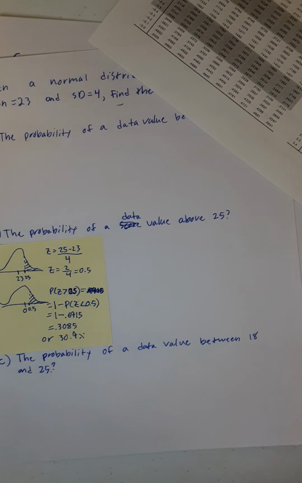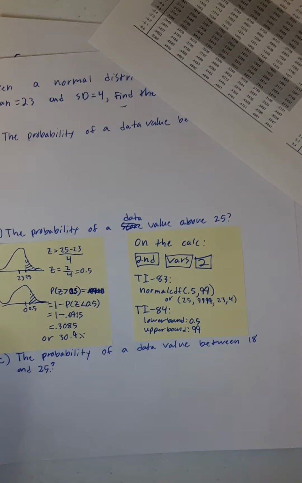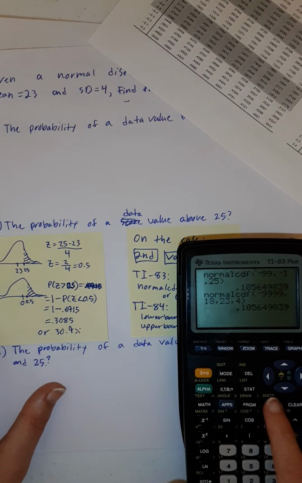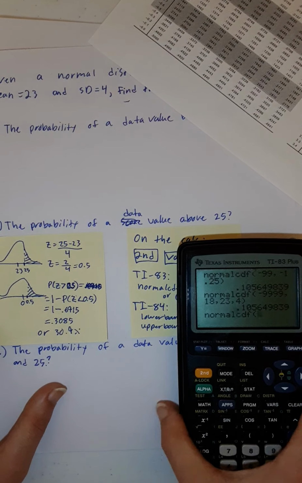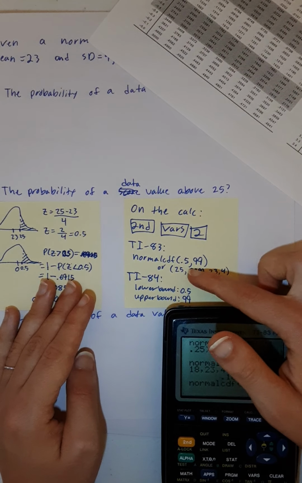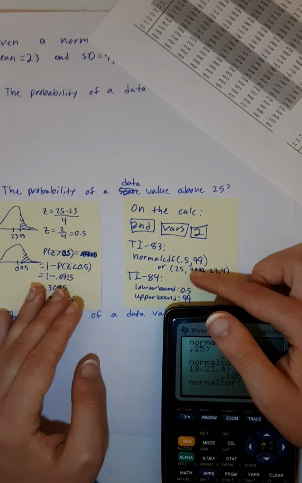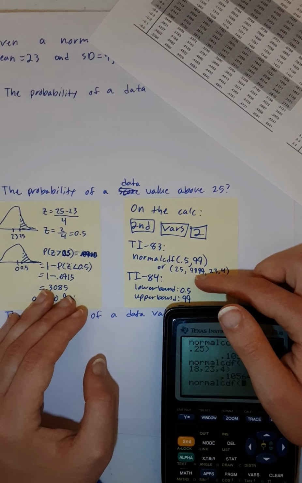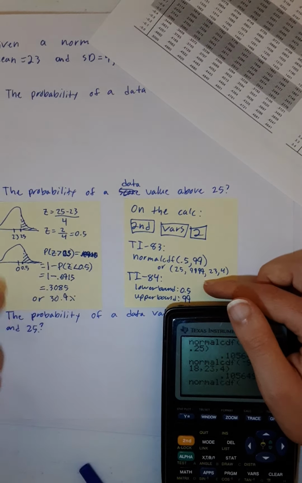If we want to use a calculator, we can absolutely do that. Again, we're going to hit second vars, go down to normal CDF, not PDF, and we can plug it in one of two ways. If we plug it in doing 0.5, 99, or 25, the data value we're actually interested in, 9,999.